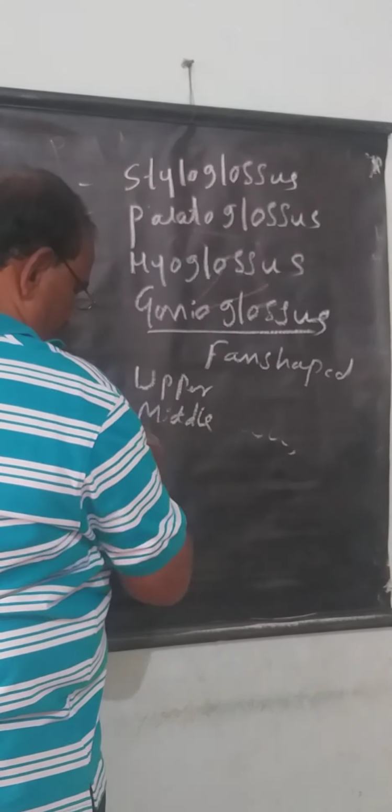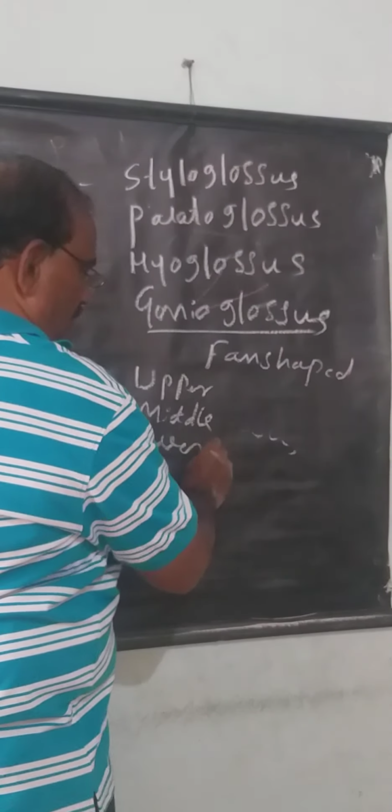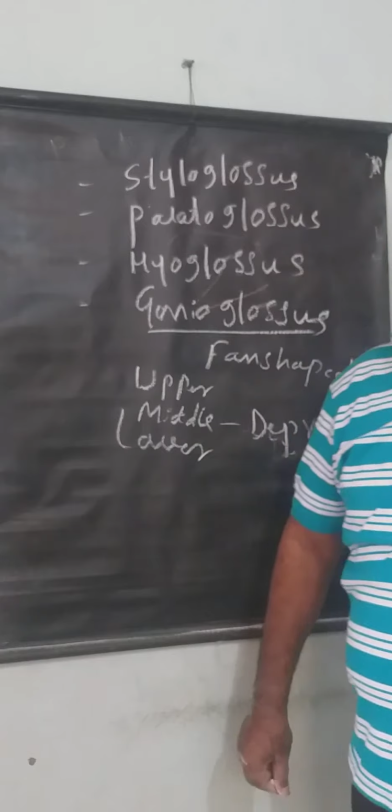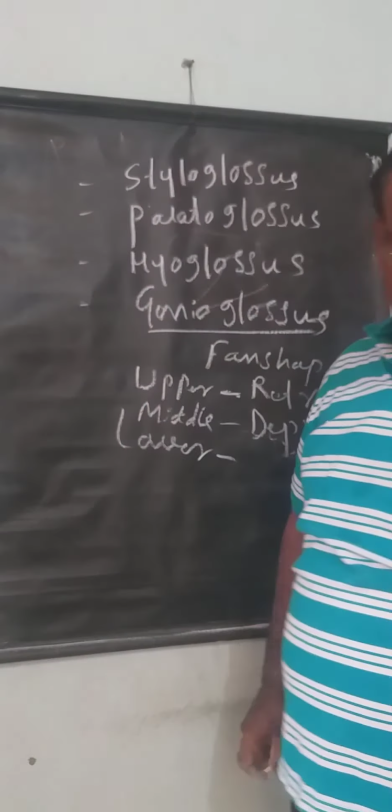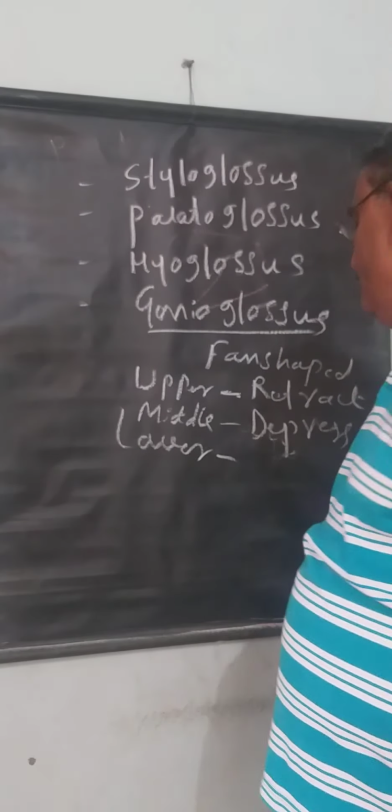It has upper fibers, middle fibers, and lower fibers. Middle fibers will depress the tongue. Upper fibers will retract the tongue, the tip of the tongue.